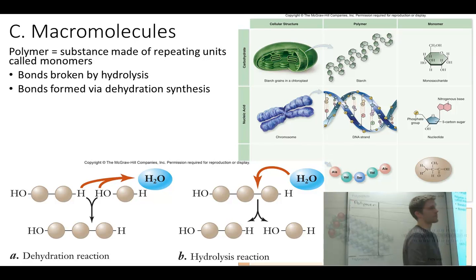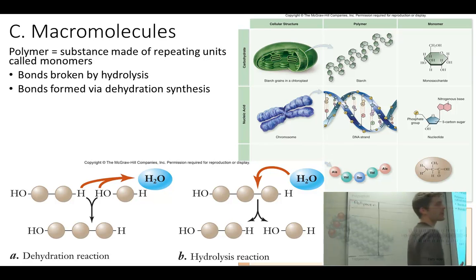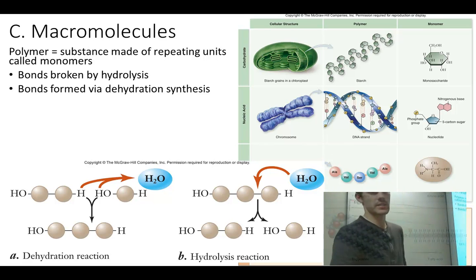When a bond is broken, it requires a water molecule, again, to provide that H and OH, where there was previously just a bond. Those then are opposites, hydrolysis and dehydration synthesis.